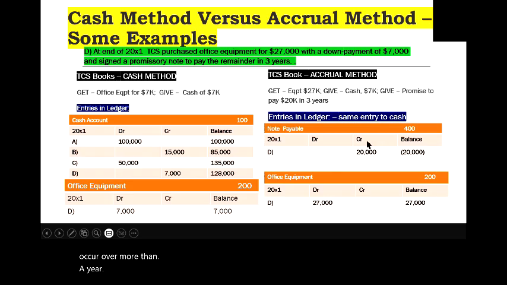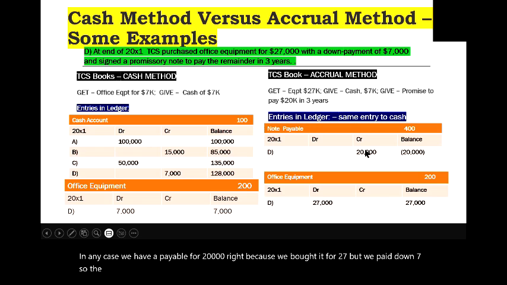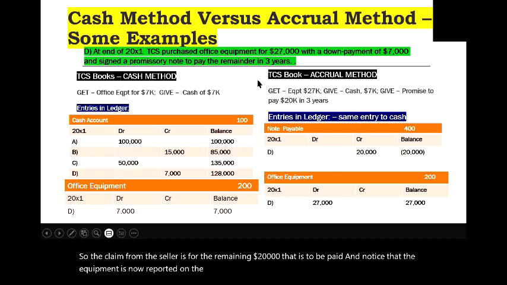In any case, we have a payable for 20,000, right? Because we bought it for 27, but we paid down 7. So the claim from the seller is for the remaining $20,000 that is to be paid. And notice that the equipment is now reported on the books not at $7,000, but at $27,000.